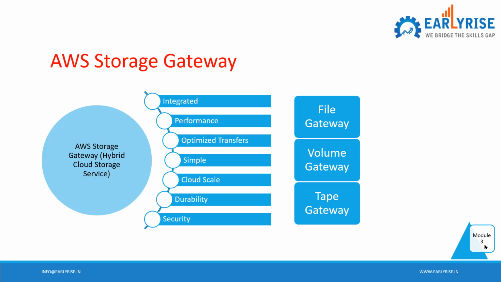Network File System, NFS. SMTP is another protocol, Simple Mail Transfer Protocol. So there will be different types of protocols, like NFS, SMB, iSCSI. Using those, we will access the storage.